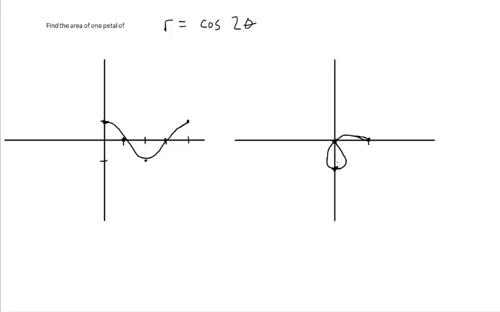So we want to find the area of the shaded region. And our limits of integration for this curve part that we're looking for, the one petal, is from this point here, which was pi over 4, to 3 pi over 4. So now our formula is area is equal to the integral from alpha to beta of 1/2 r squared d theta.